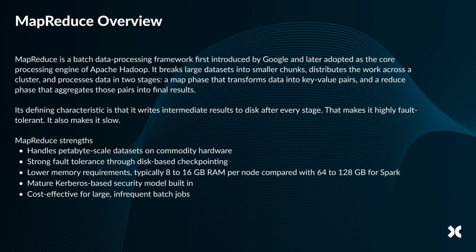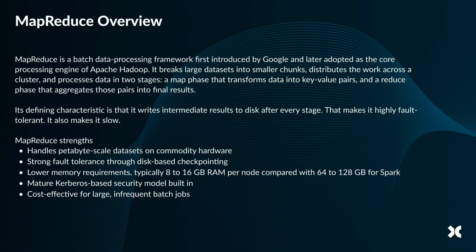It breaks large datasets into smaller chunks, distributes the work across a cluster, and processes data in two stages: a map phase that transforms data into key value pairs, and a reduce phase that aggregates those pairs into final results. Its defining characteristic is that it writes intermediate results to disk after every stage. That makes it highly fault-tolerant. It also makes it slow.